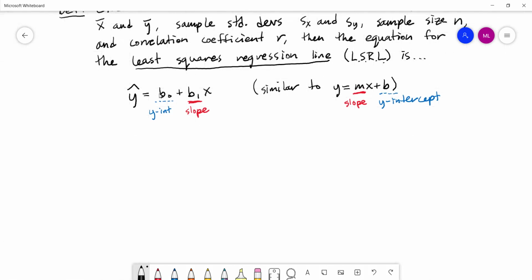But now I need to tell you how we actually come up with these numbers b0 and b1. So here's the formula, where b1, the slope, is going to be equal to r times s sub y over s sub x. And this is the slope. And for the second one, b0 is going to be equal to y bar.